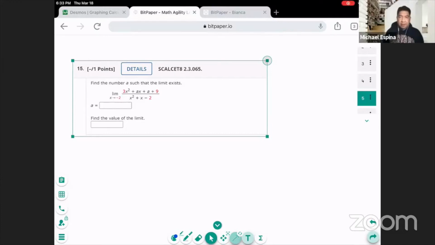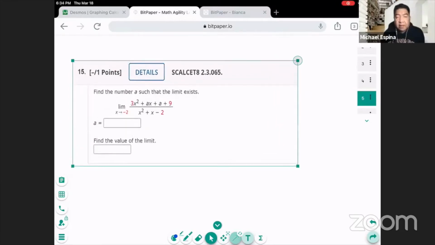All right, so find the number a such that the limit exists. So the limit of 3x squared plus ax plus a plus 9 over x squared plus x minus 2 as x approaches negative 2. We're trying to find the value of a from this limit.